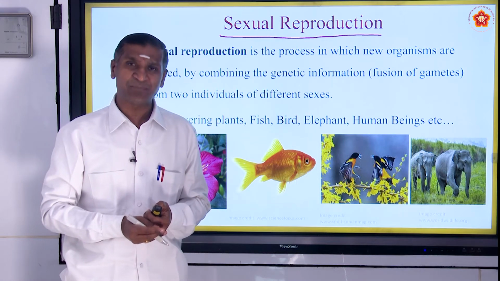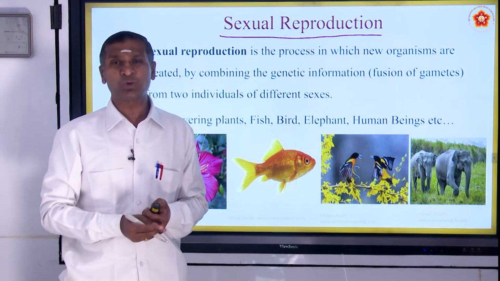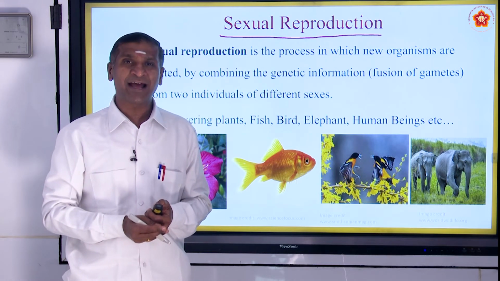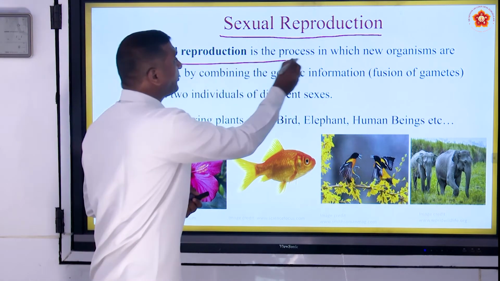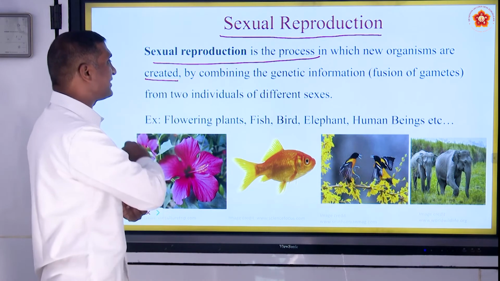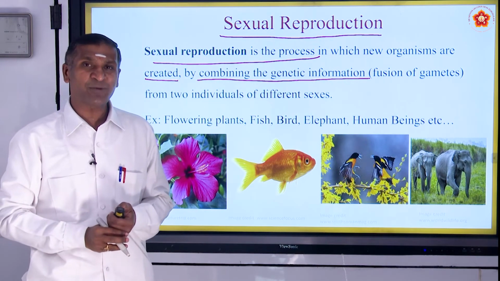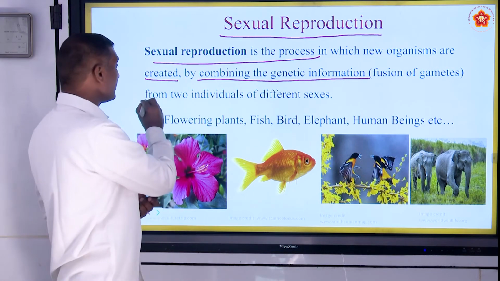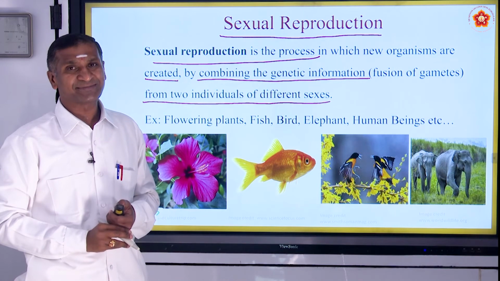What is sexual reproduction? Reproduction carried out between two individuals of different sexes with the formation of gametes and union of gametes. It is the process in which new organisms are created by combining the genetic information, when the genetic information is combined by the fusion of the gametes from two individuals of different sexes.